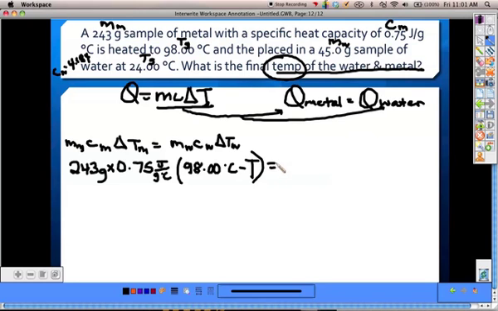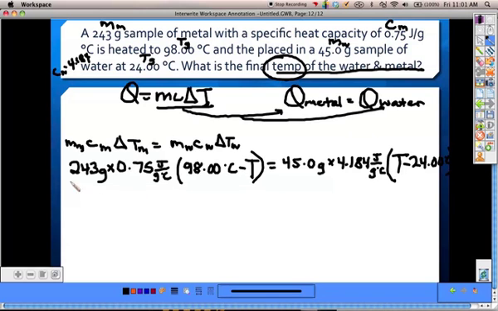And that whole thing is equal to my mass of my water, which is 45.0 grams, times my specific heat of water, 4.184 joules over grams degrees Celsius, multiplied by, this time I want my T in a different spot, so I'm going to start with it, T minus 24.00 degrees Celsius.